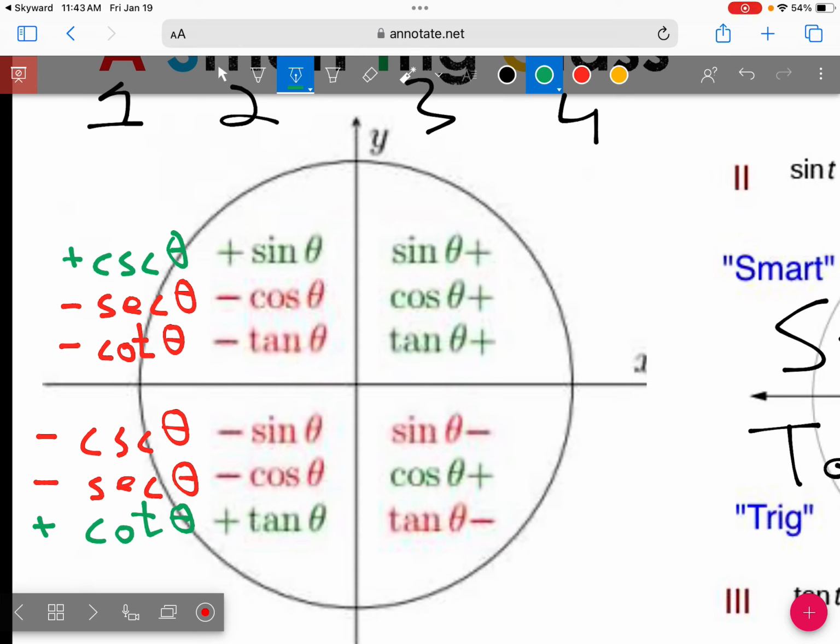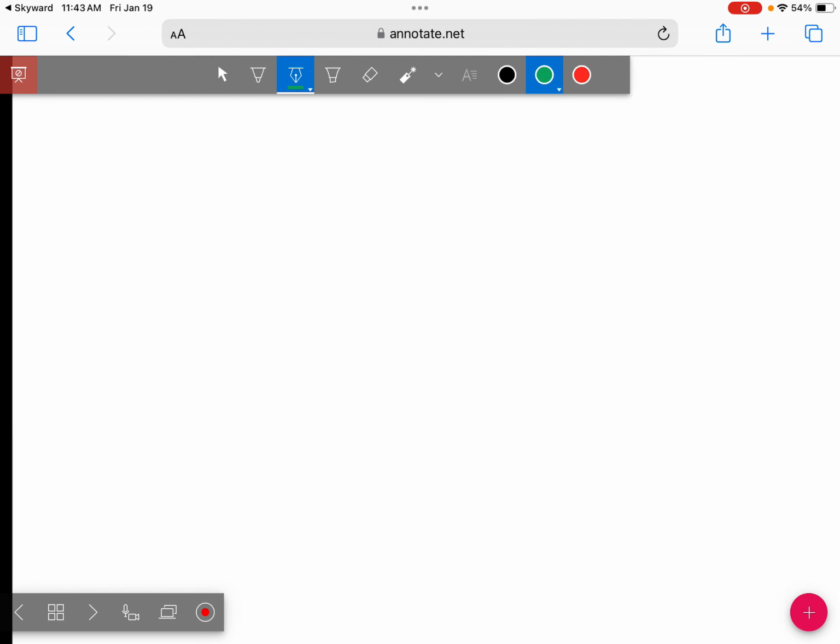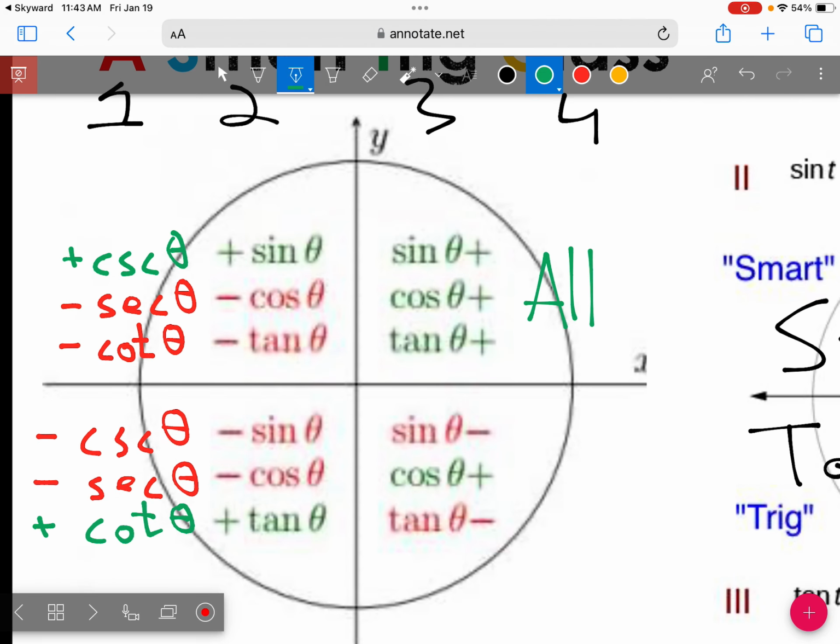And so from there, instead of writing all three, for that first quadrant, all are positive, right? And so getting back into that fourth quadrant, sine's negative. Like we said, that also means cosecant's negative. Tangent's negative, that means cotangent's negative.